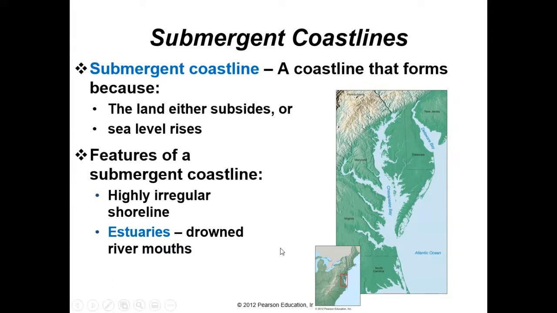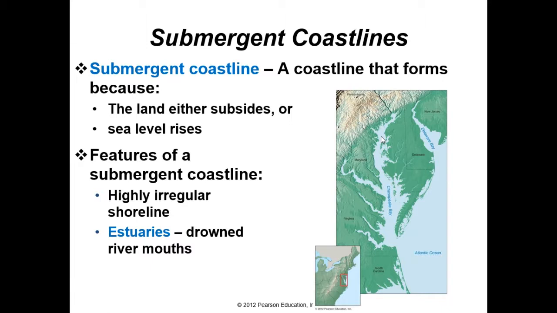These are observable as having irregular shorelines. That's because of things like the Chesapeake Bay here and the Delaware Bay here. Those are actually rivers that have been quote drowned.